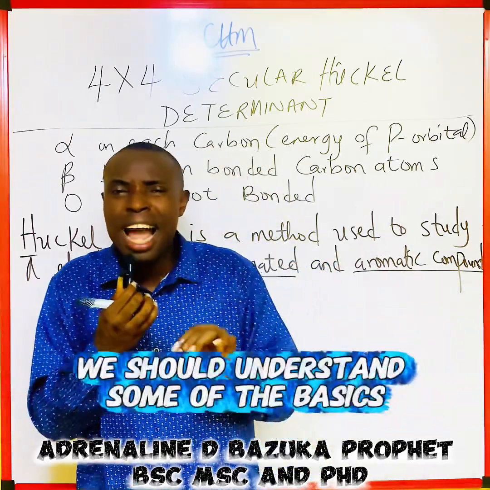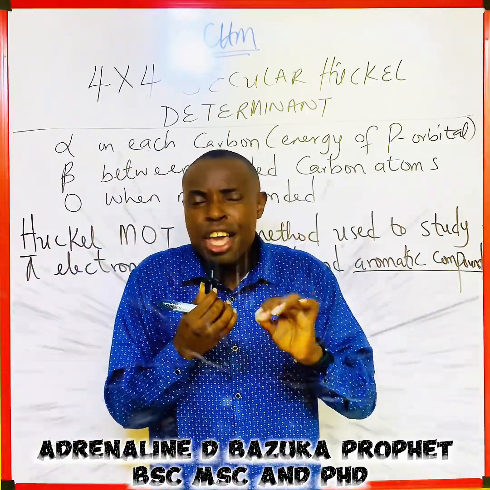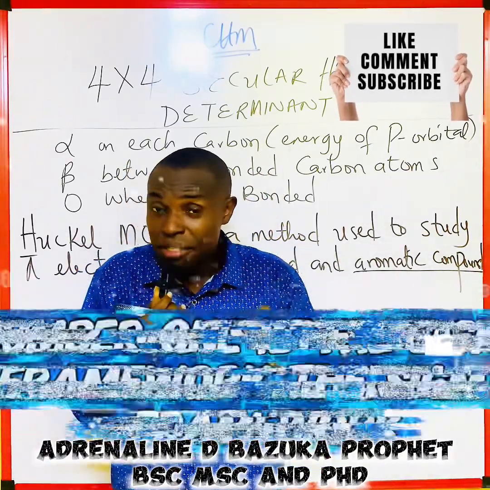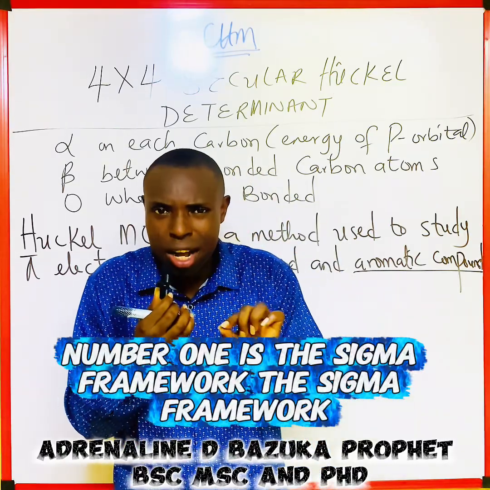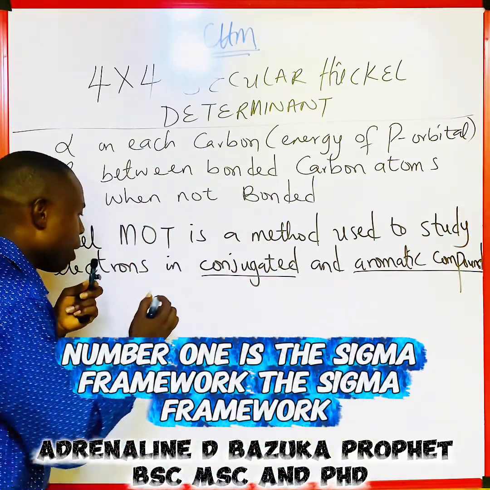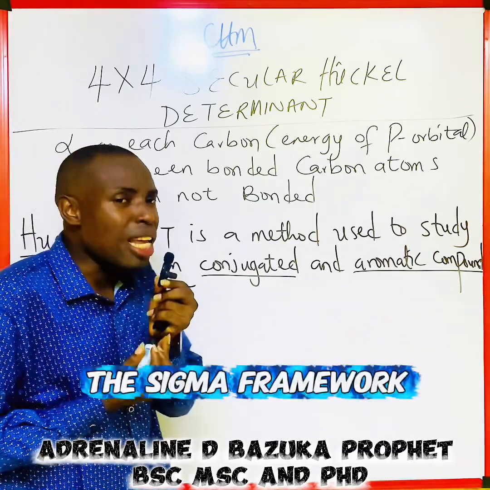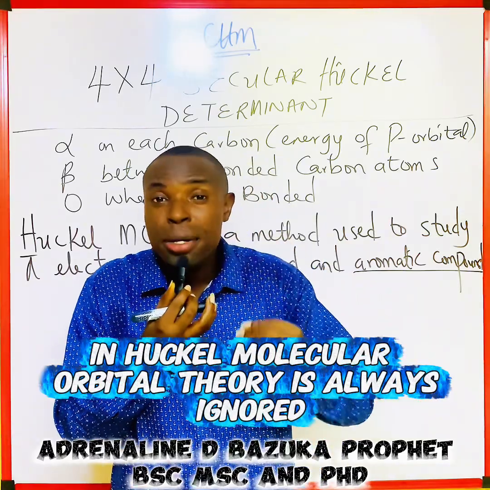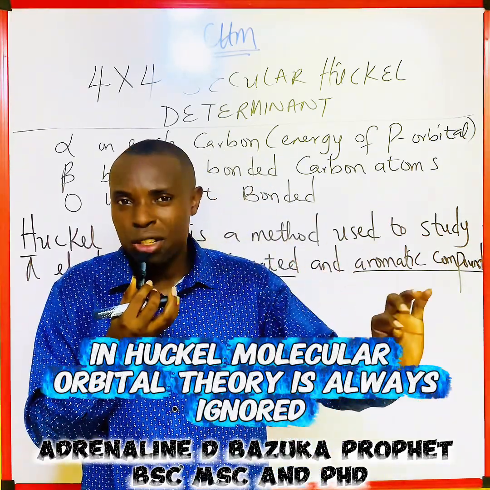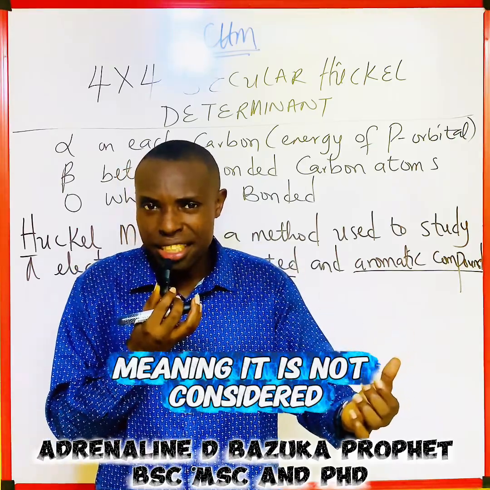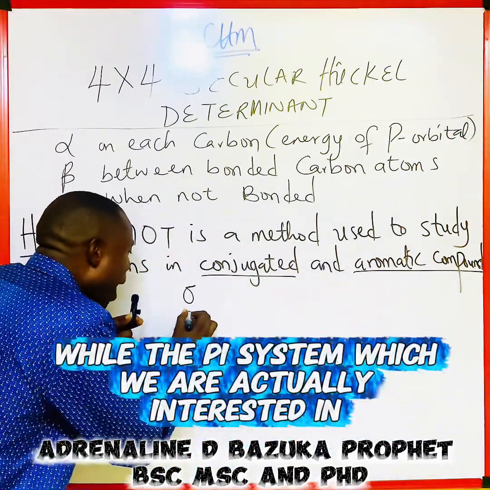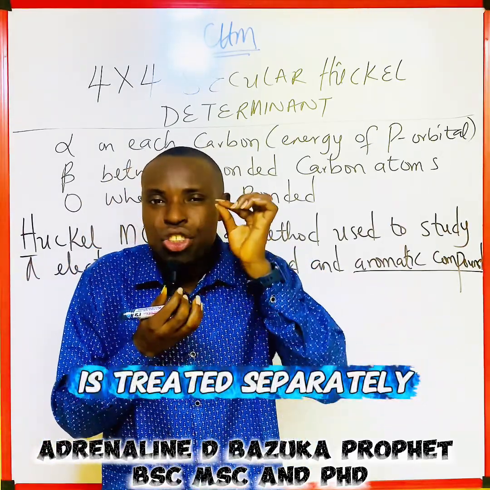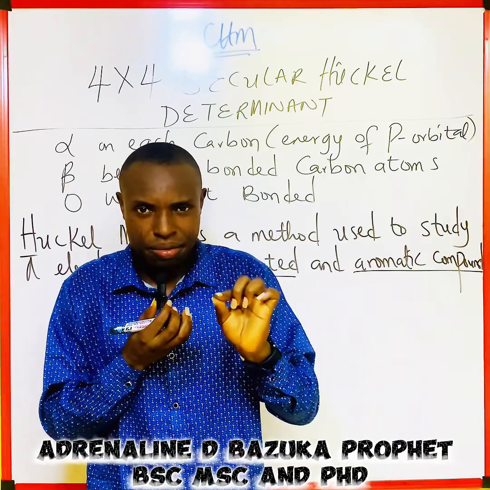But before then, we should understand some of the basics on which Hückel's molecular orbital theory operates. Number one is the sigma framework. The sigma framework in Hückel's molecular orbital theory is always ignored, meaning it is not considered. Why? The pi system, which we are actually interested in, is treated separately.